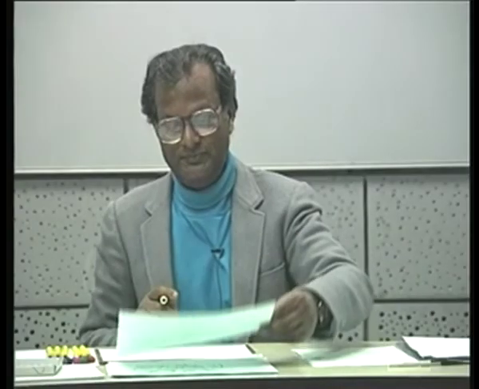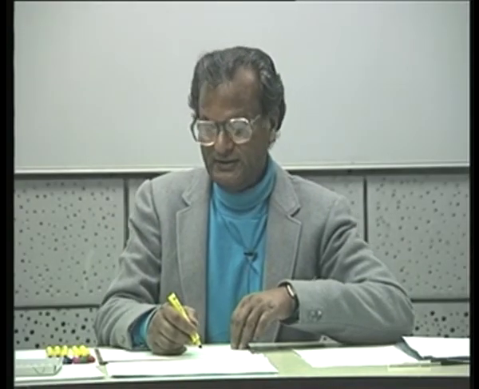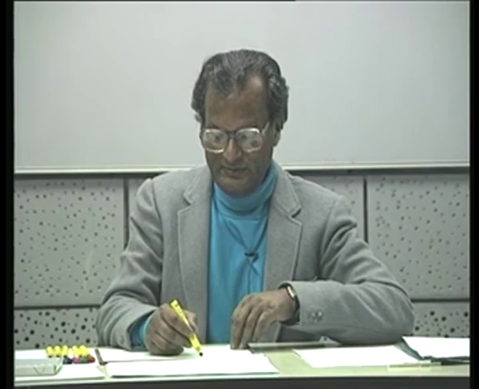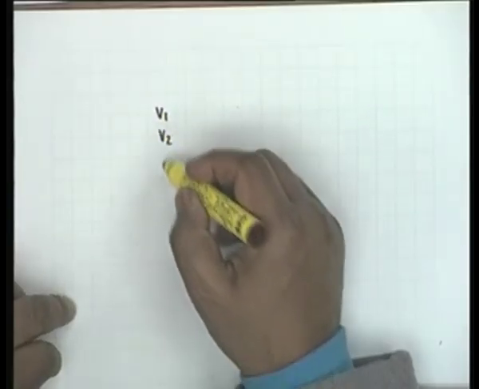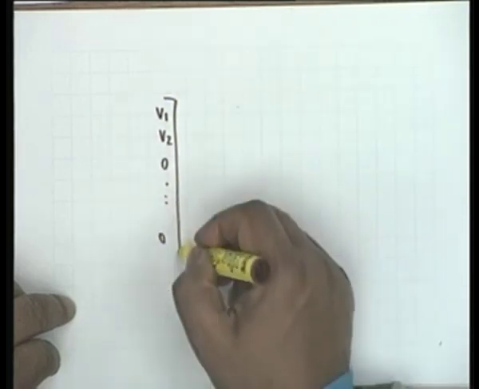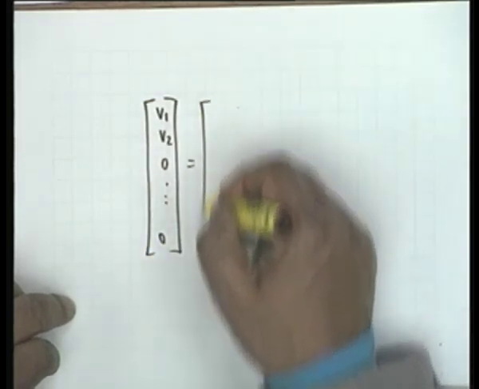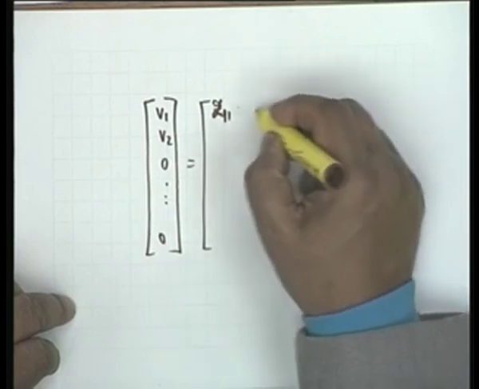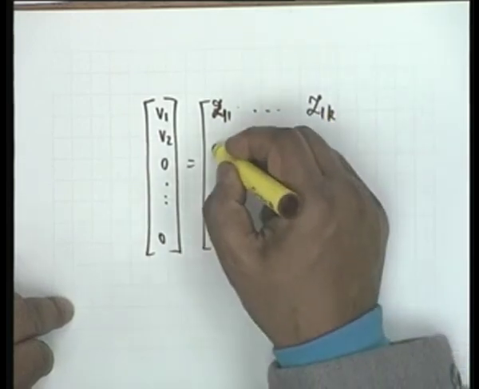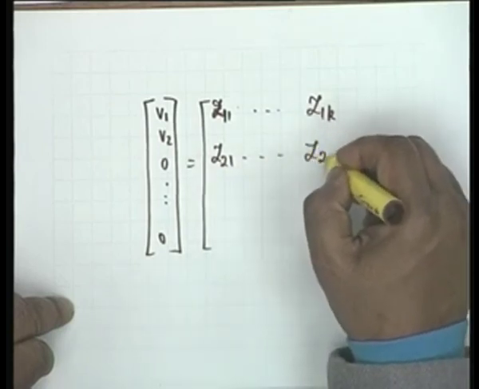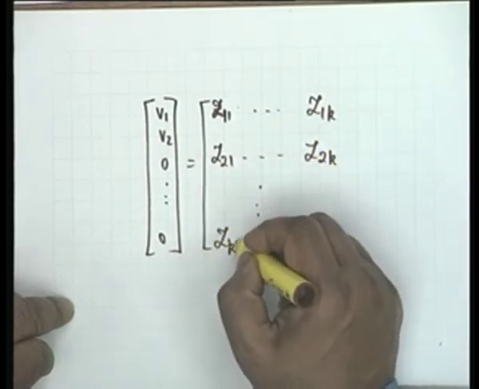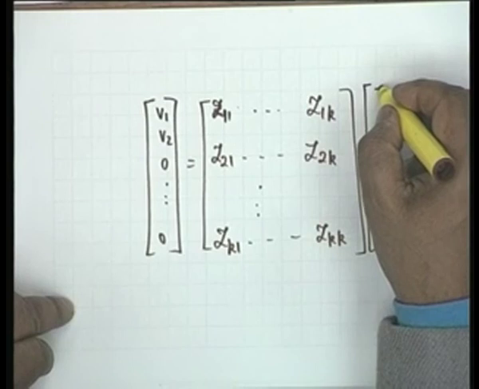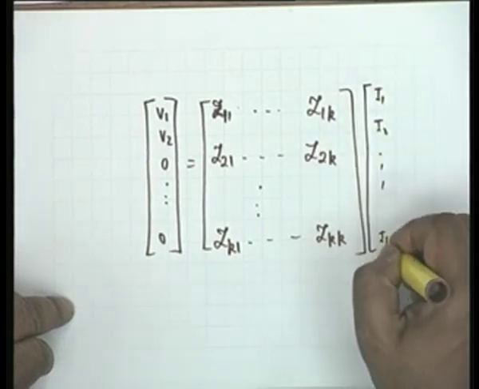All right. So, if you write mesh equations, the matrix that you shall get would be of the form V1, V2, these are the only two sources that you connect, all the rest are 0, equal to the matrix Z11 to Z1k, Z21 to Z2k, and so on, Zk1 up to Zkk, multiplied by I1, I2 to Ik.